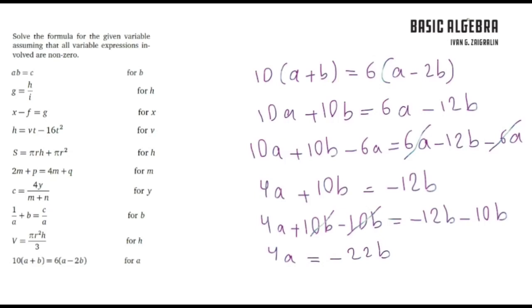So 4a over 4 equals negative 22b over 4. So this 4 goes with this 4, and finally a equals negative 22 over 4 times b.